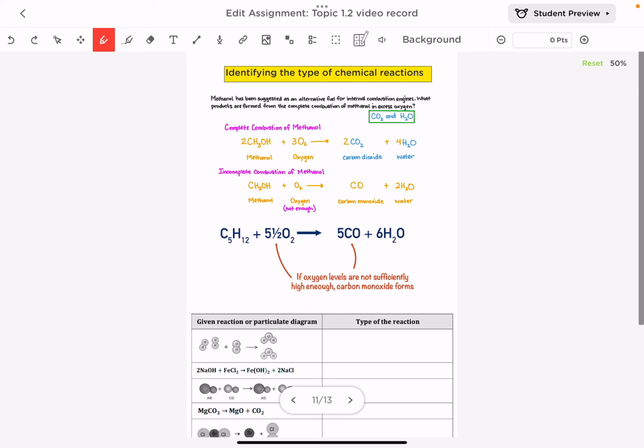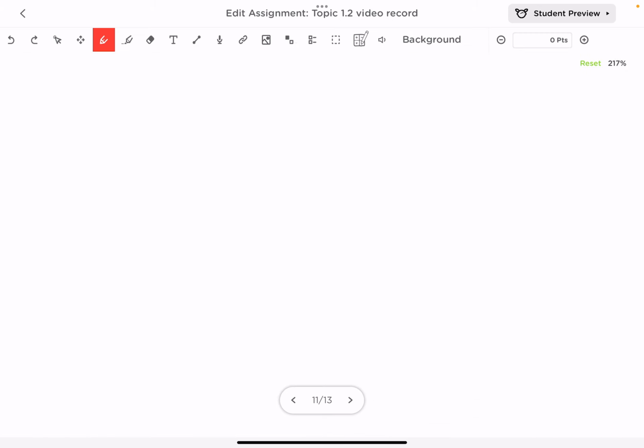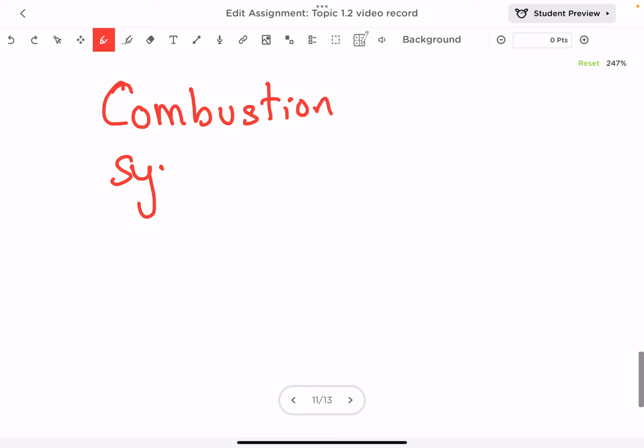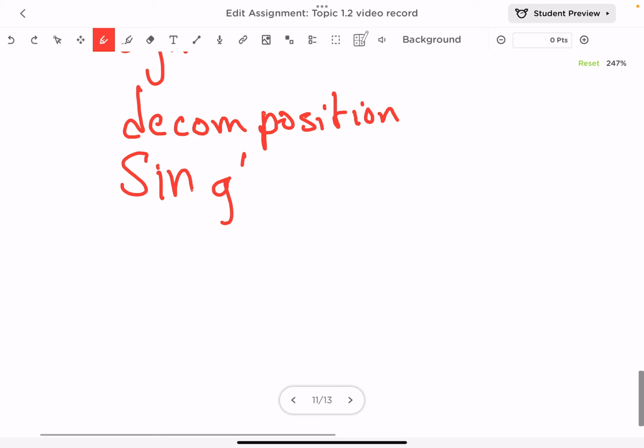Tutorial, I will explain to you some tricky ways in order to determine the type of a given chemical reaction. Now you need to know that we have 5 types of chemical reactions, and those 5 types are combustion reaction, synthesis, decomposition, and the last two, single displacement, or sometimes some people call it single replacement.